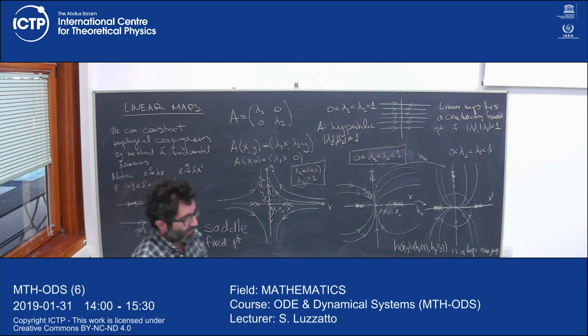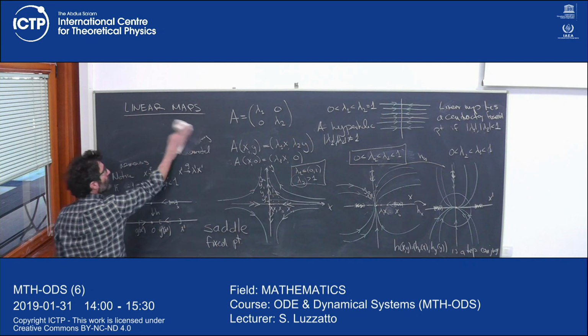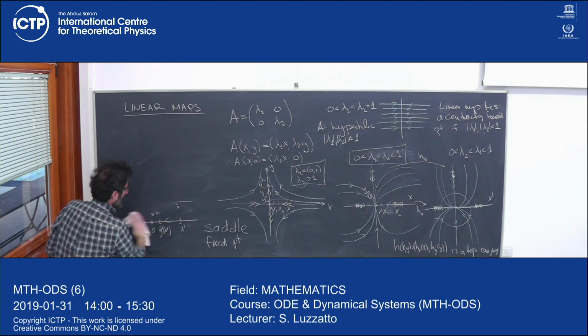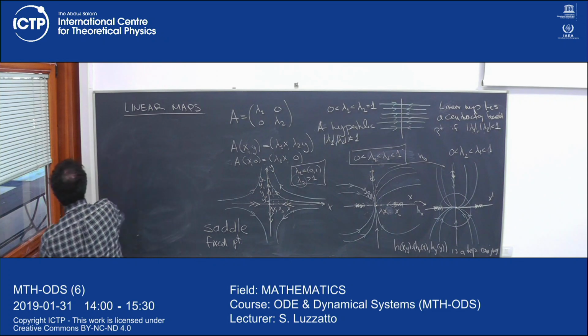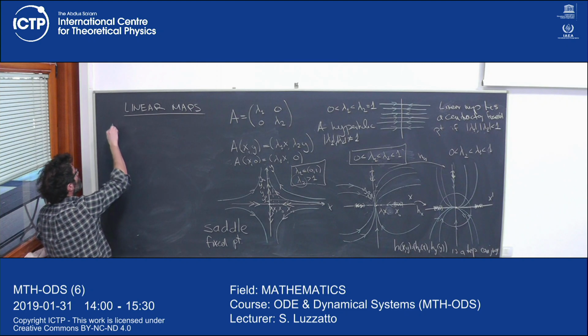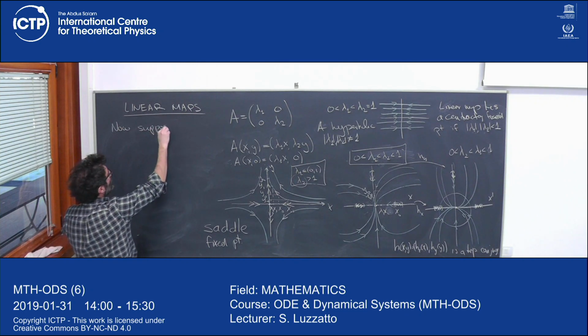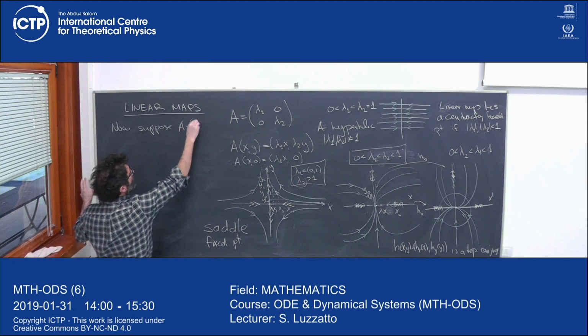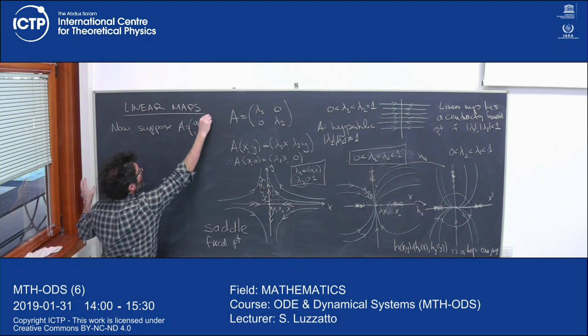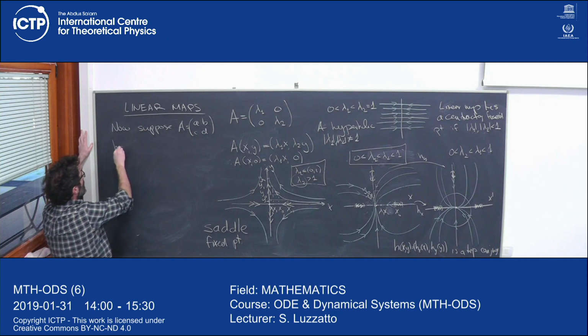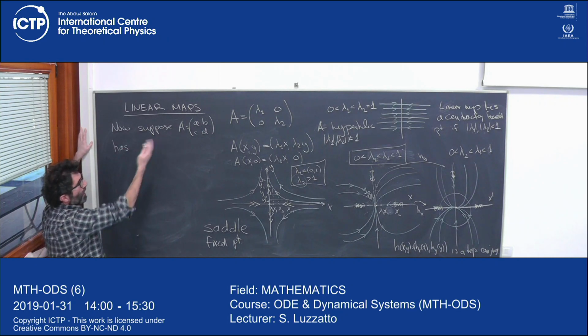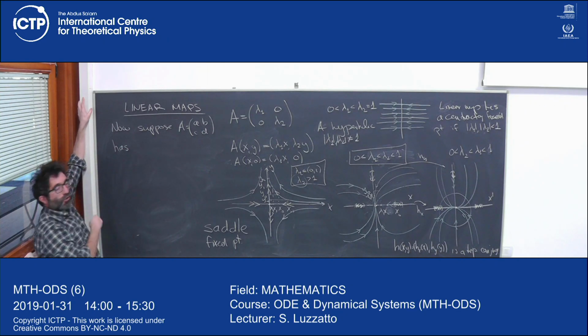So what about matrices that are not diagonal? Let's go a little bit more general, and let's suppose A, with entries A, B, C, D, has, as you know from linear algebra, always two eigenvalues with multiplicity.